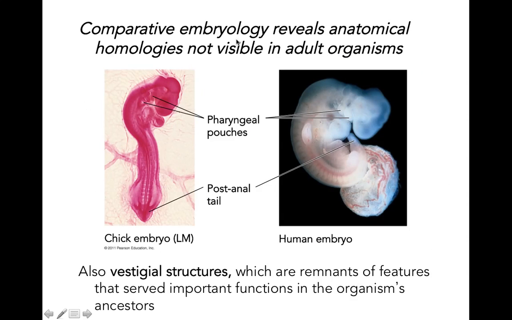Comparative embryology is another way of looking at anatomical homologies that we don't see in adults. So, for example, when we look at embryonic organisms, it's kind of hard to tell what embryos correspond to what particular animal if you don't have context. So you can see that this chick embryo here, which is being shown through a light micrograph, kind of looks very similar to a human embryo.